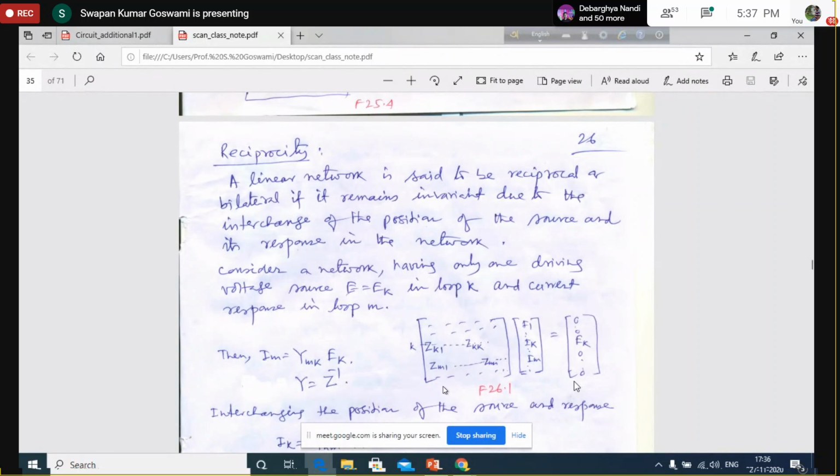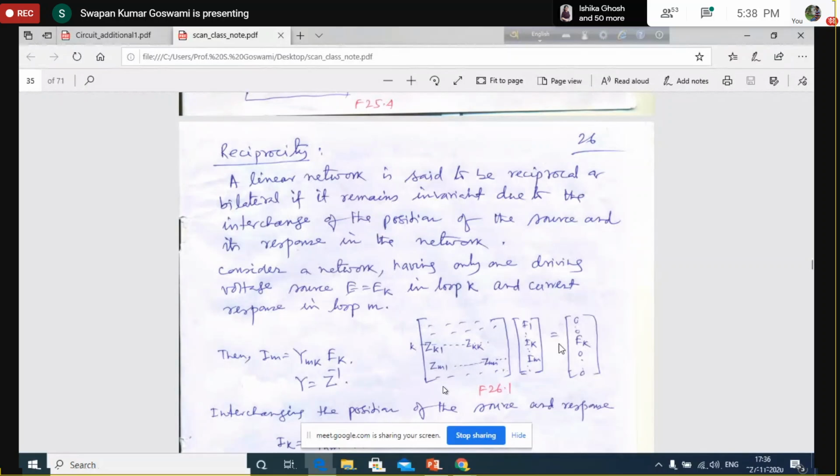Is it clear? Because if you pre-multiply this matrix by Z inverse and pre-multiply this by Z inverse, then pre-multiplying this ultimately it will be the unity matrix and you will get this one. That means the loop current vector will be equal to the inverse of the loop impedance matrix into the loop voltage vector.